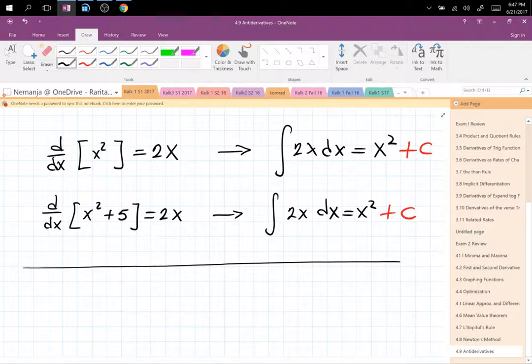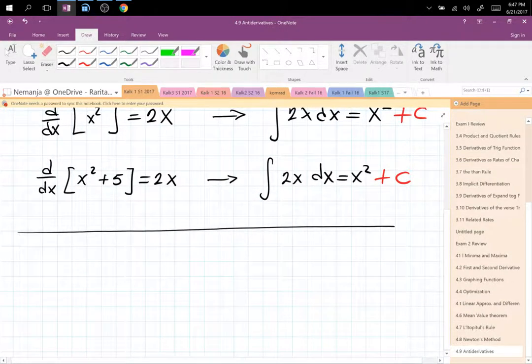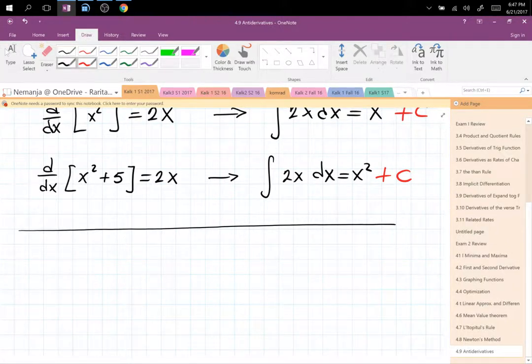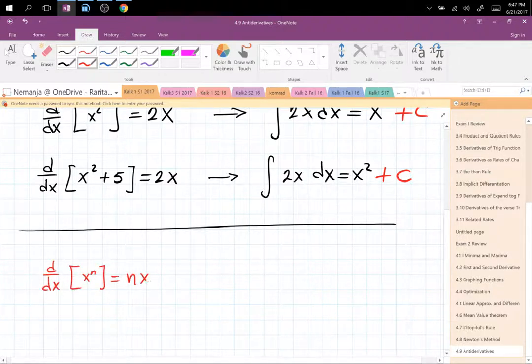There is only one formula that is going to be opposite, because we can simplify it using algebra, and that is the formula for polynomials. You know that the derivative of x to the n is nx to the n minus 1. The integral of x to the n dx is going to be x to the n plus 1 over n plus 1, plus c.